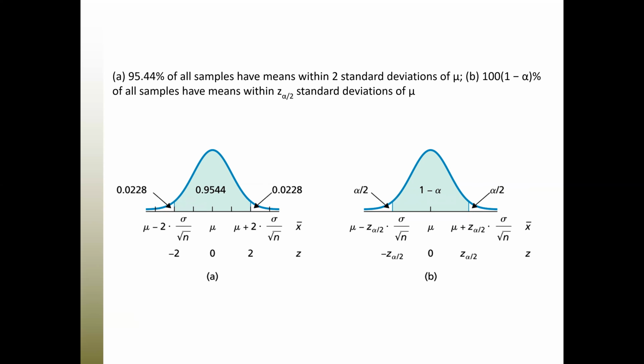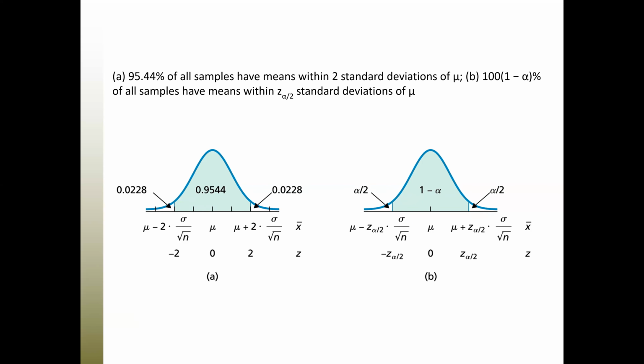And in this slide, you can see that 95.44% fall within the 2 standard deviations to either side of the center. Also, because this is a sampling distribution of the sample mean, the standard deviation becomes sigma over square root of n.